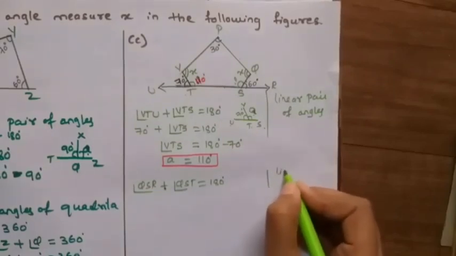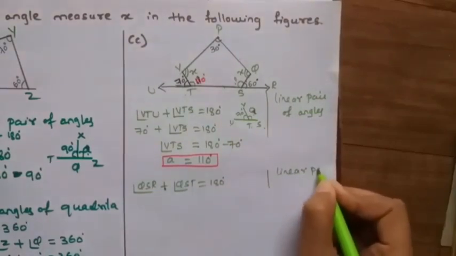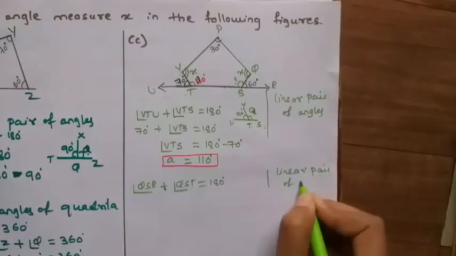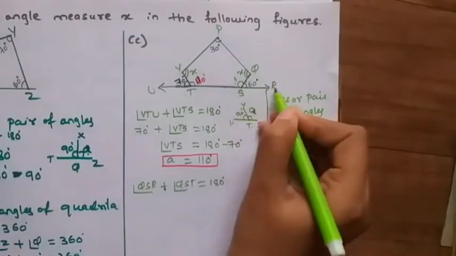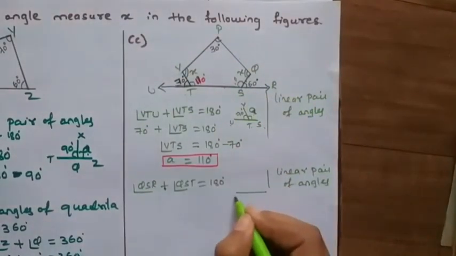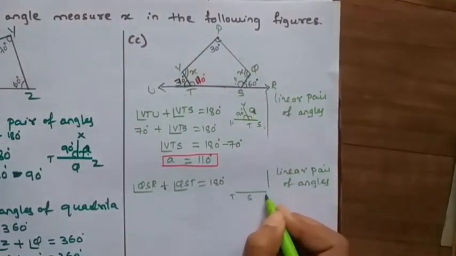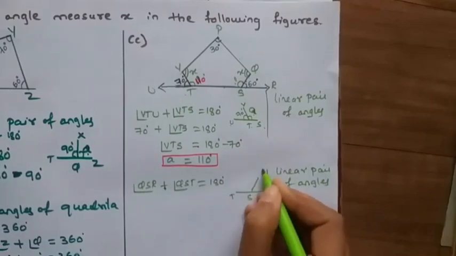Again I am applying the condition linear pair of angles. QSR, this is a figure like this. It is TSR, it is Q.